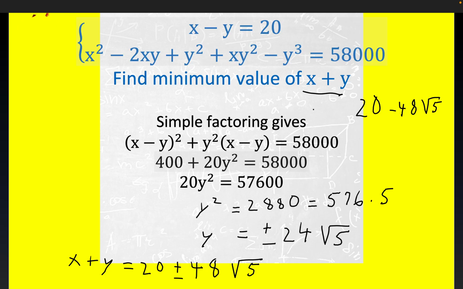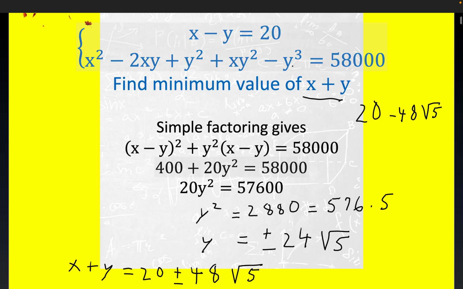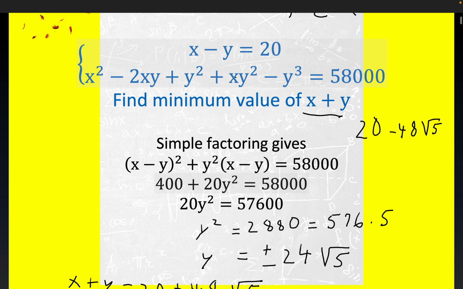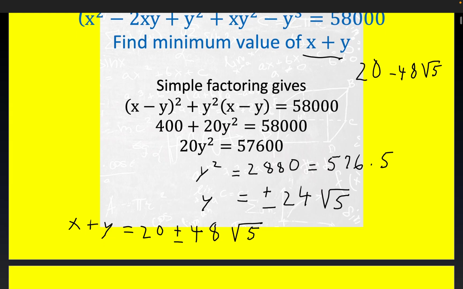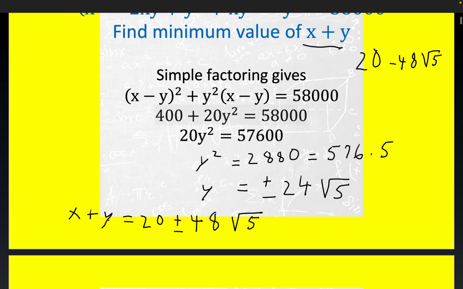But so many of these competition problems are set up to where you don't have to employ calculus just because of the algebraic structure of the original system. You see, this thing was literally designed to work out. This looks kind of nasty, but the fact that there's a common binomial factor of x minus y is what makes it work, okay? And so you see, if you're defining the minimum value of x plus y, well, there's only two possibilities. One of them's negative, one of them's positive, so you choose the negative number, right?